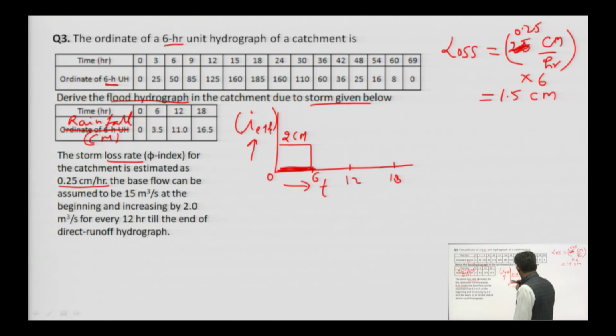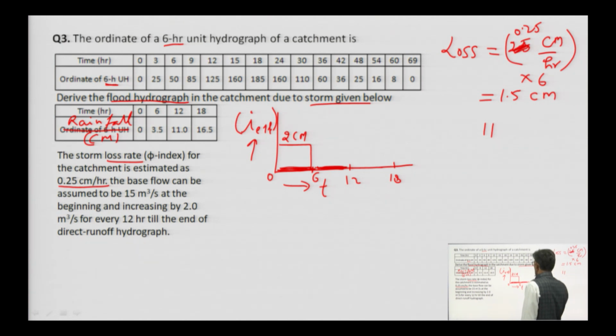What will be the effective rainfall for the next 6 to 12 hours? The total is 11, but it is actually cumulative.